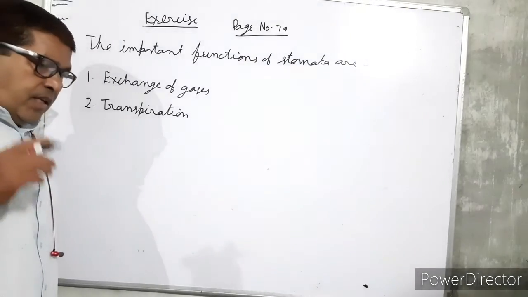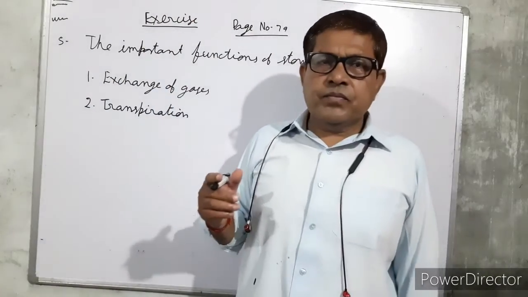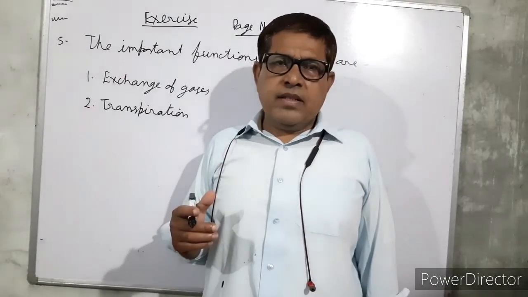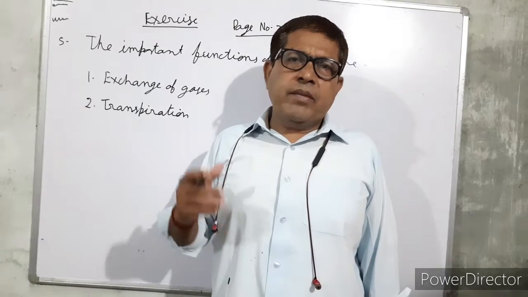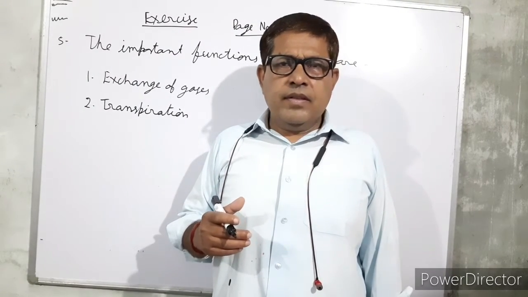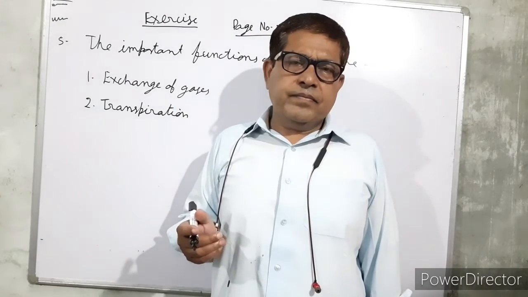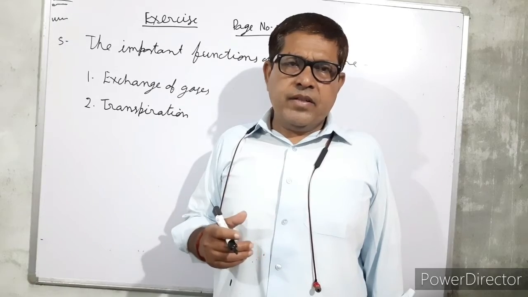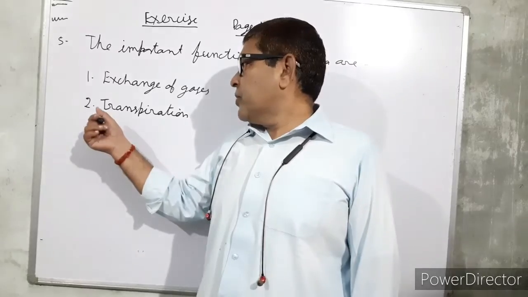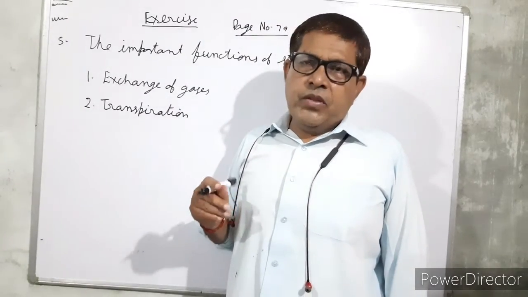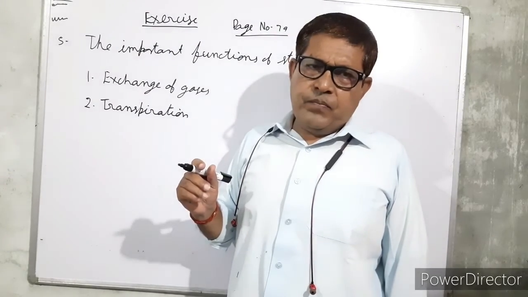The loss of water in the form of water vapor by the aerial parts of the plant is called transpiration. This loss of water vapor takes place through the stomata. So stomata help in transpiration.